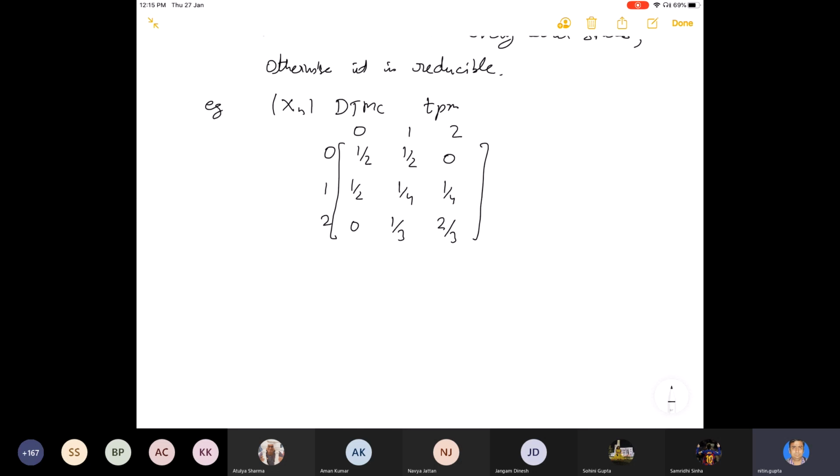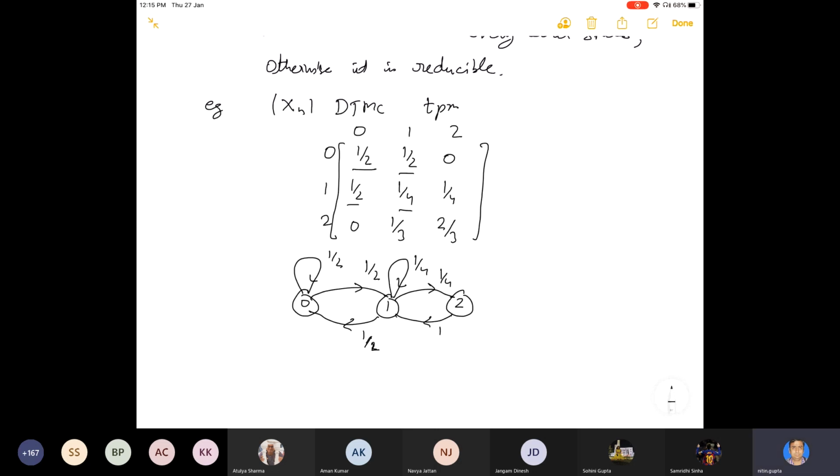So you can see here that from 0 to 0 we can go with probability half. From 0 to 1, with probability half. From 1 to 0, with probability half. From 1 to 1, with probability 1/4. 1 to 2, with probability 1/4. 2 to 1, with probability 1/3. 2 to 2, with probability 2/3.